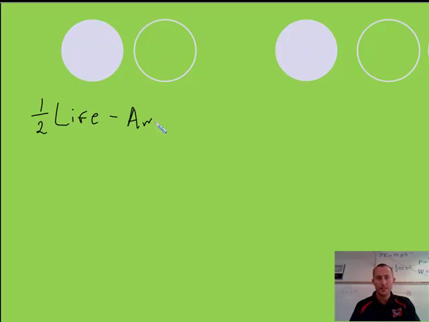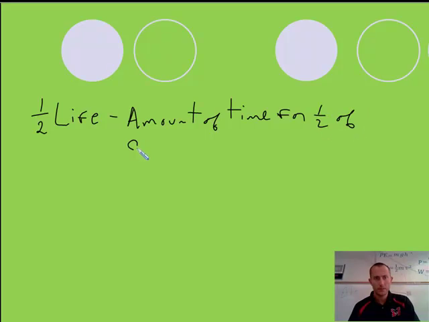More specifically, it's the amount of time for 1/2 of a radioactive sample to decay.